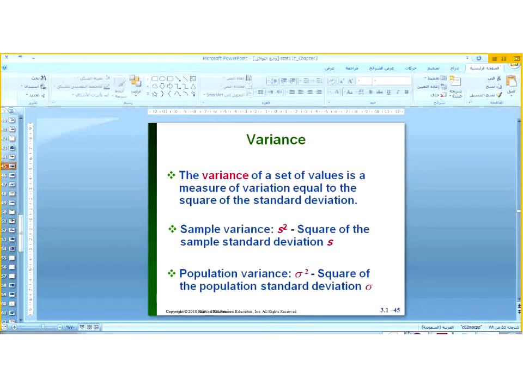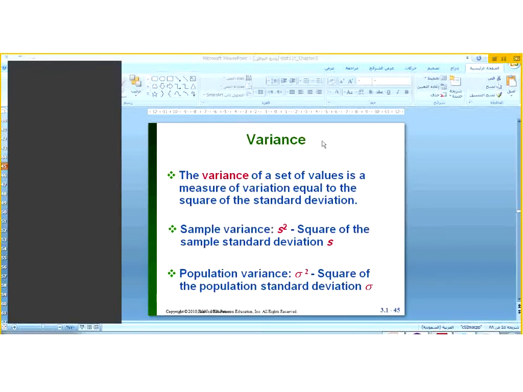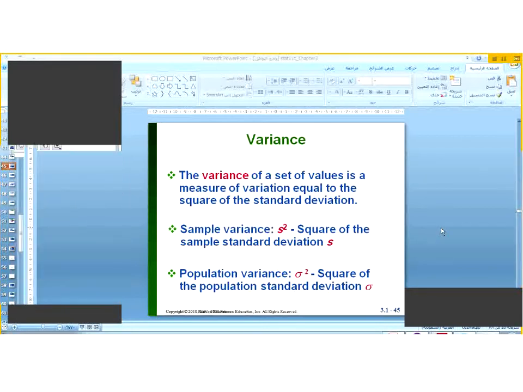There is another measure which is the variance. It is equal to the square of the standard deviation. For the sample, we denote it by S squared, which is the square of the sample standard deviation S. And for the population variance, we denote it by sigma squared, which is the square of the population standard deviation sigma.